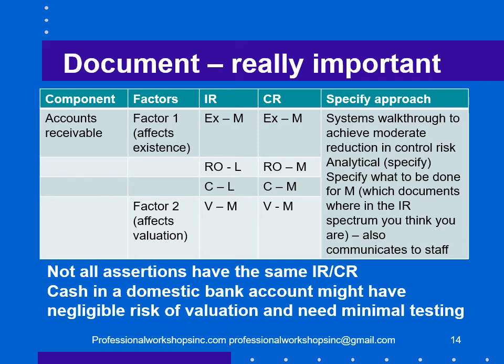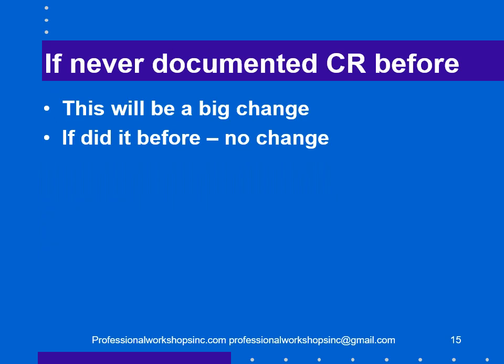For instance, cash in a domestic bank account probably has negligible risk of valuation and doesn't need any testing other than it's cash in a domestic bank account, so it's appropriately valued. Now, if you've never documented control risk before, this will be a big change, and you're going to have to change your audit methodology. If you did it before, as the International Board probably would assert, there's no change. You just continue to do it the way you did it before, with a little bit of extra explanation in the section.